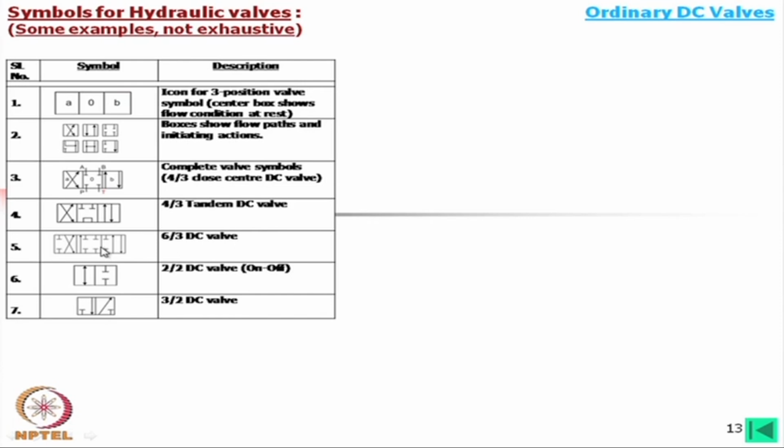What does it mean? In that case, say this is the neutral position, that means the oil is actually going with these two connected together. The oil is going from this side to this side and doing some main system work.